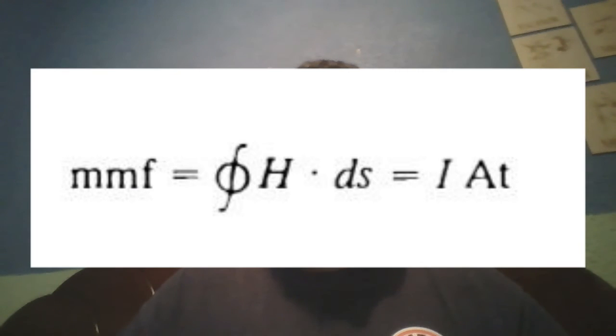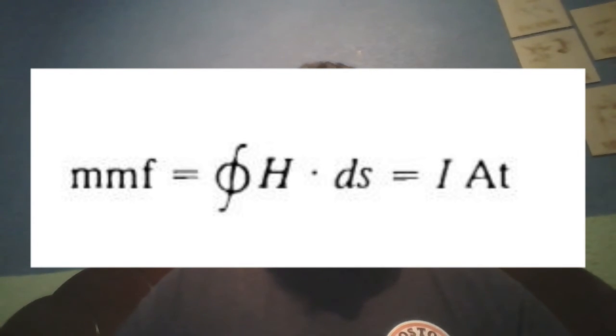By Ampère's law, the magnetomotive force, MMF, in ampere-turns around any closed path is equal to the net current in amperes enclosed by the path.